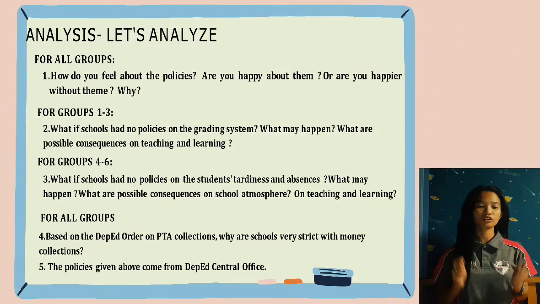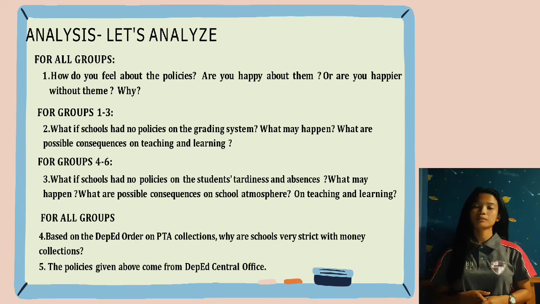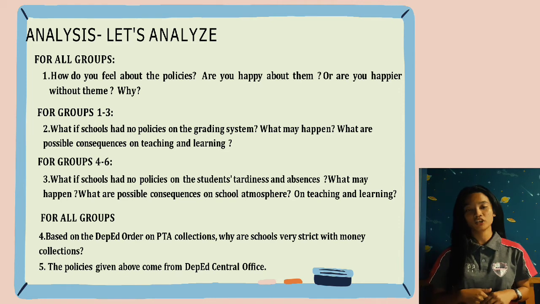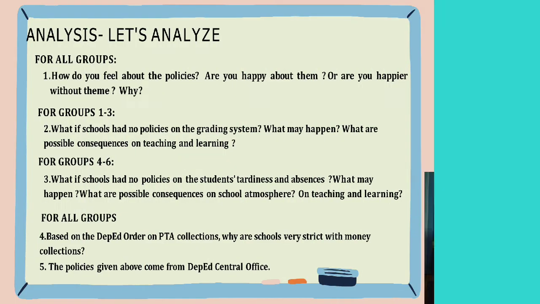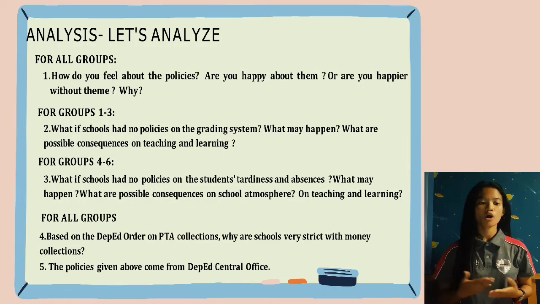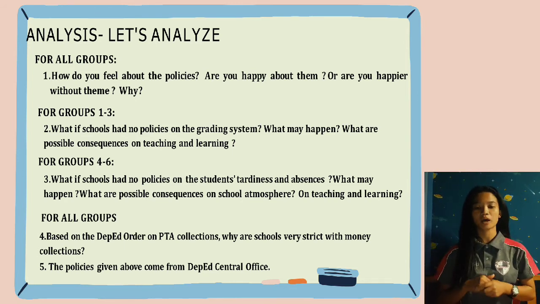For Groups 1 to 3, what if the school had no policies on the grading system? What may happen? What are the possible consequences on teaching and learning? We all know that the grading system is very important, but if there were no policies on grading, we would be unable to analyze or assess each child's ability. For Groups 4 to 6, what if the school had no policies on student tardiness and absences?